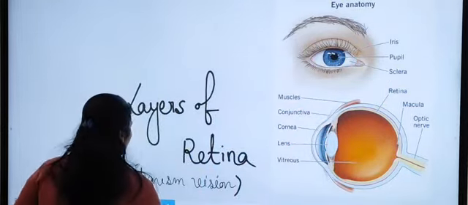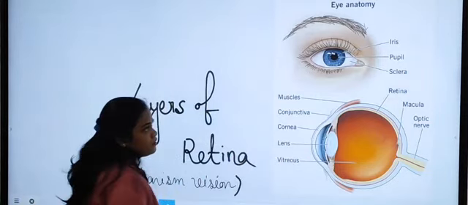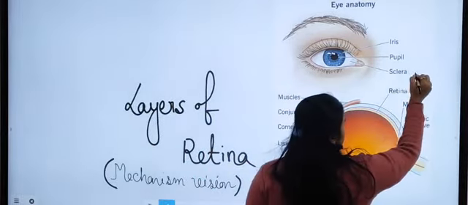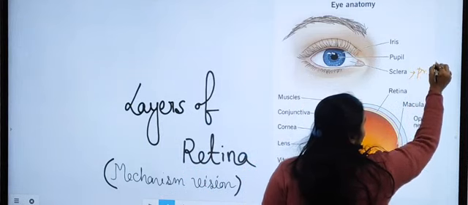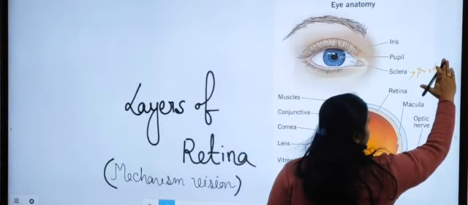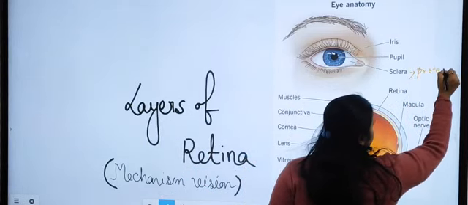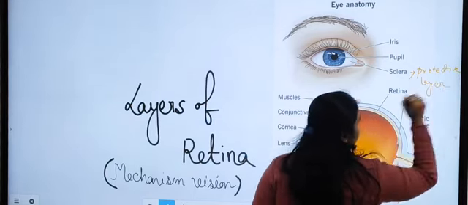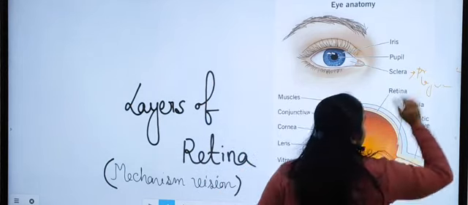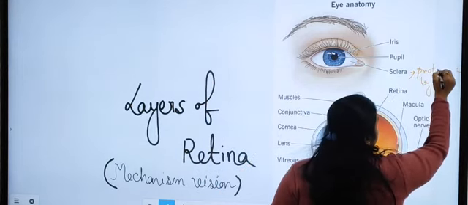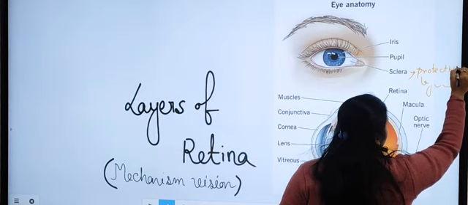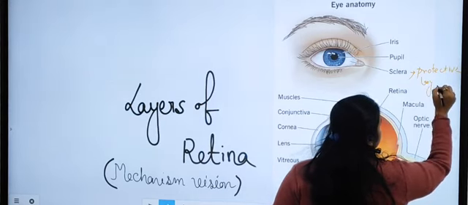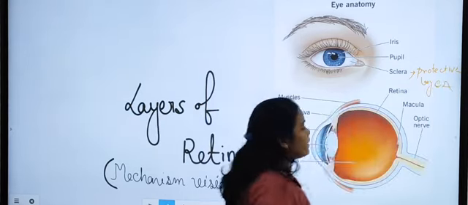So whatever I have told, I am just writing about the same. Sclera means it is the protective layer of our eye.